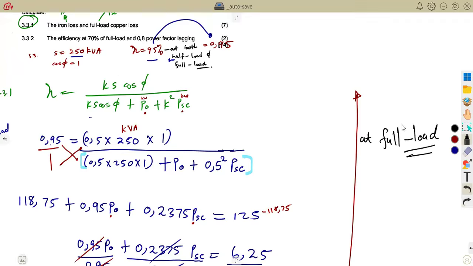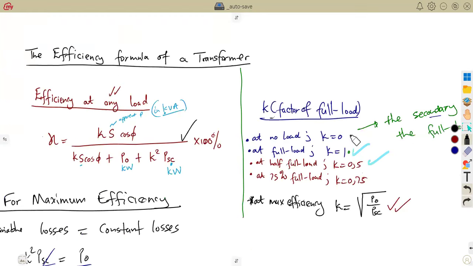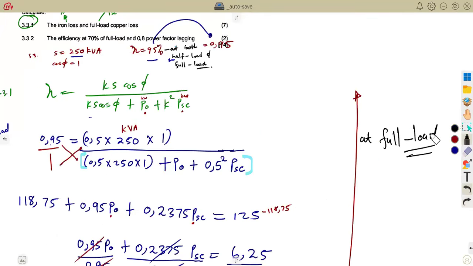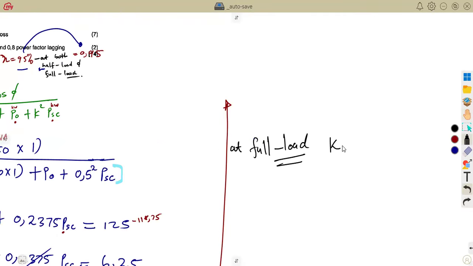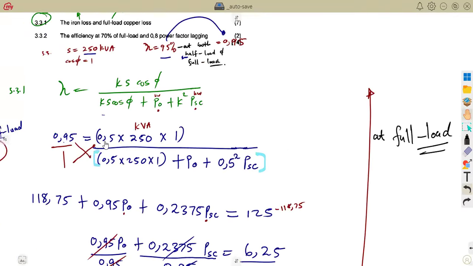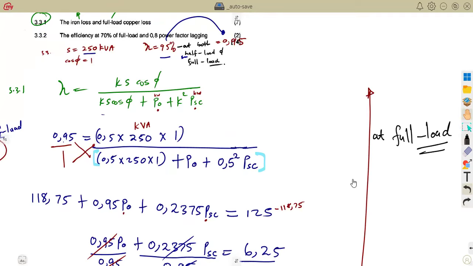The condition lies on K. The K that we are going to use at full load is 1. So at full load, we know that K is 1. So when K is equal to 1, we are going to substitute just like the previous case on this formula that we had.